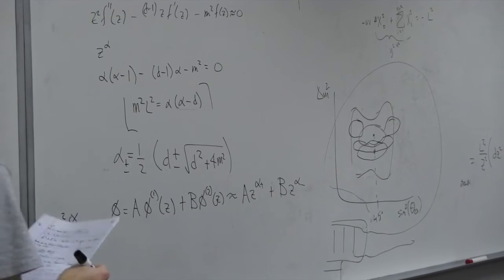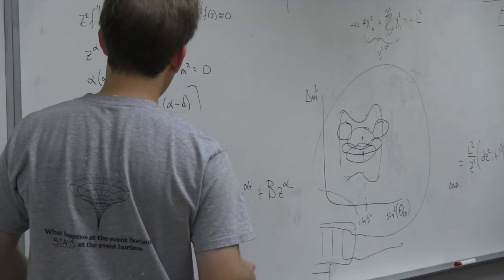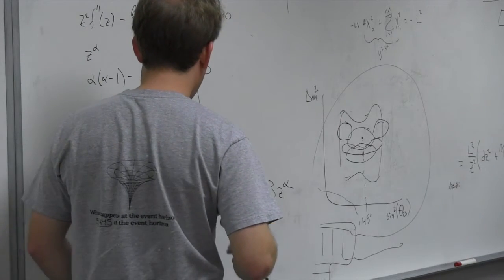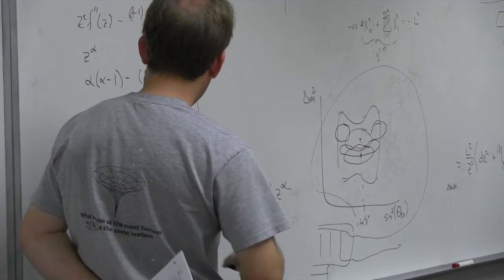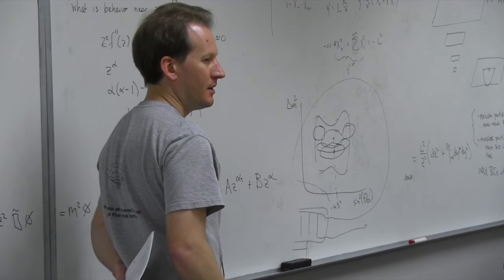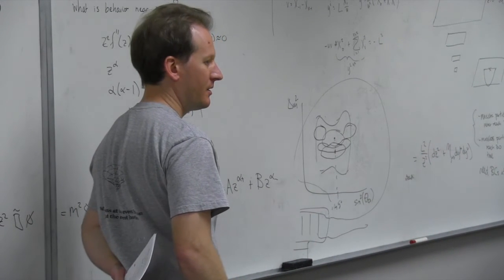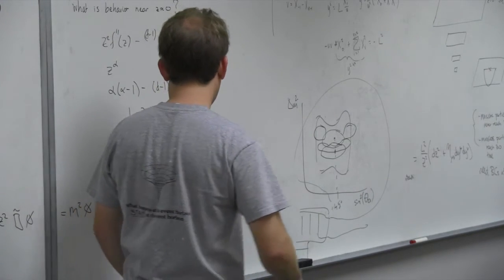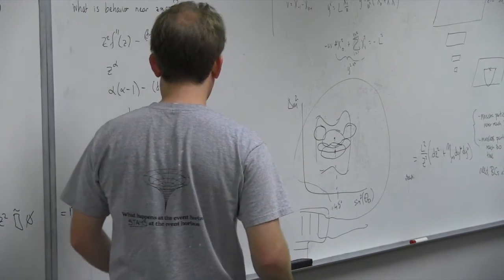And when we're not in this sort of weird tachyonic situation, then one of these is blowing up as z goes to 0, and one of them is falling off. So one of them is going like a negative power of z, and that's blowing up.